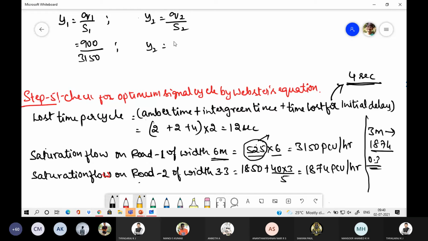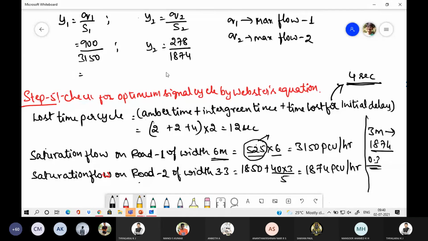Q2 is 278, saturation flow is 1874. Here Q1 is the maximum flow we are going to consider on road 1, and Q2 is the maximum flow on road 2. Now check how much you are going to get.